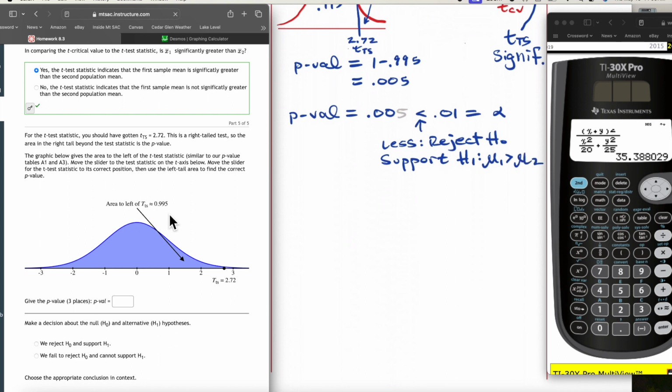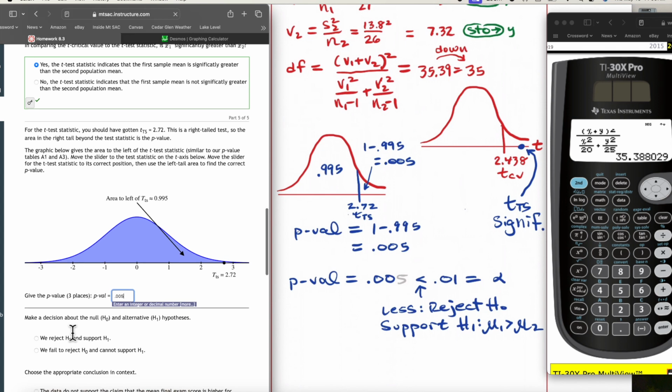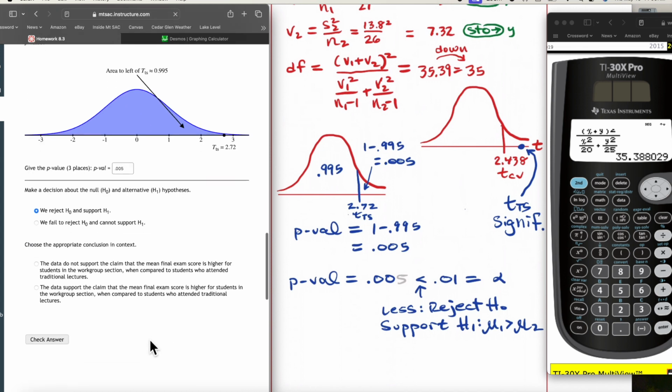So the data support the claim. Actually, in words, I'd say the data support the claim that the average final exam score was higher for students in that class. I guess I have to enter a bunch of numbers here. So my p-value 0.005 is what we got. And we are rejecting the null and supporting the alternative.